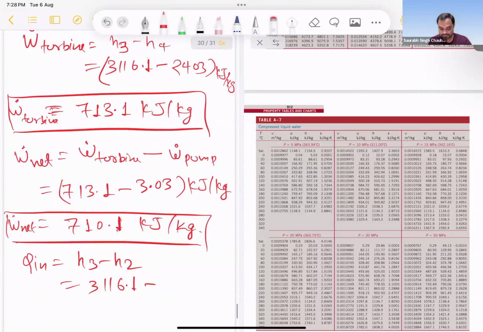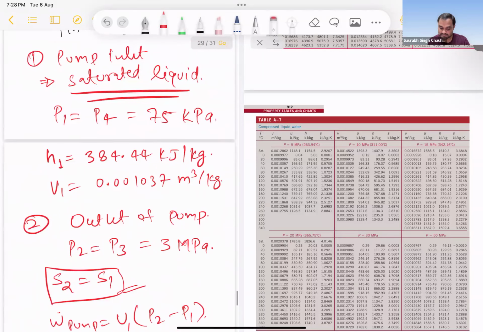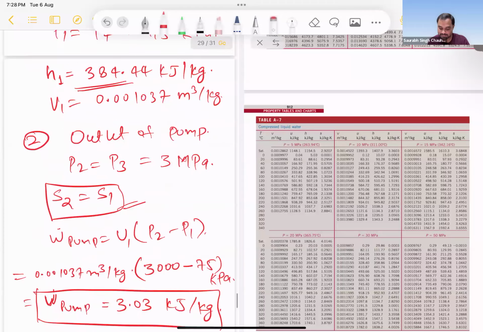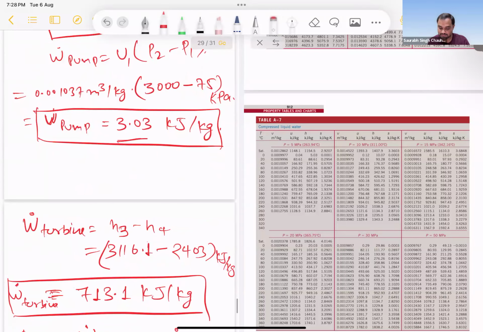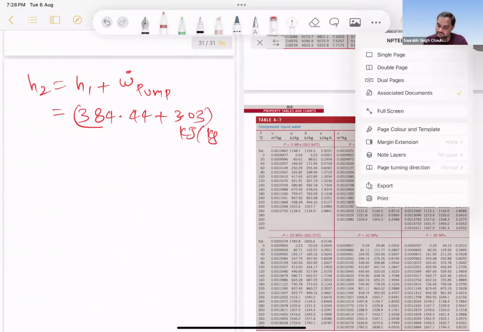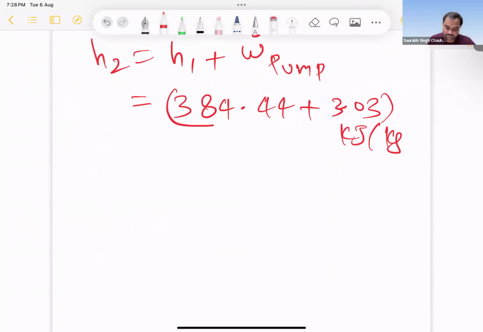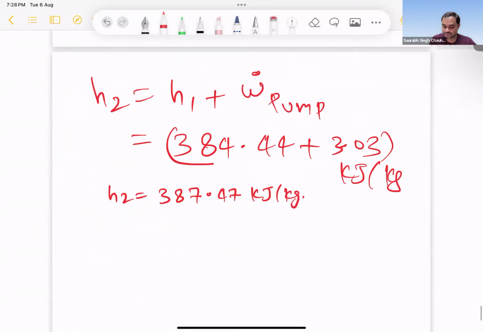H1, and pump work is 0.03. So H2 we will find out that this is equal to 387.47 kilojoule per kg. Okay, so now you have H2.